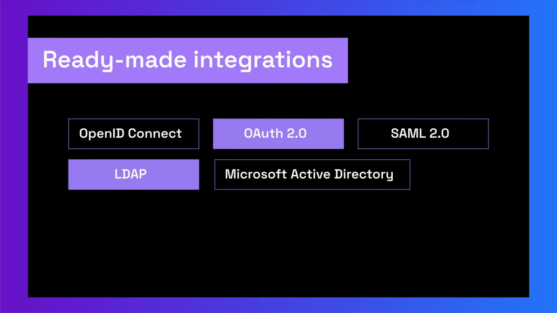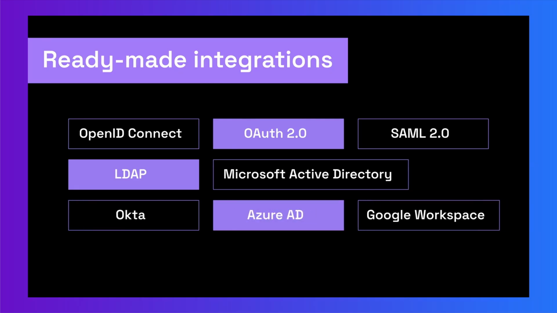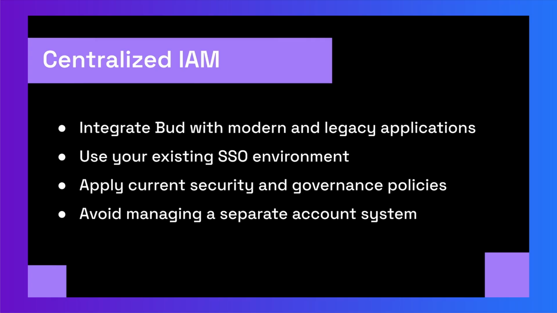It also supports identity brokering for third-party providers including Okta, Azure AD, Google Workspace, and other OIDC or SAML-based systems. This flexibility lets you integrate AI Foundry with both modern and legacy applications, use your existing SSO environment, apply existing security and governance policies to GenAI access, and avoid managing a separate account system.